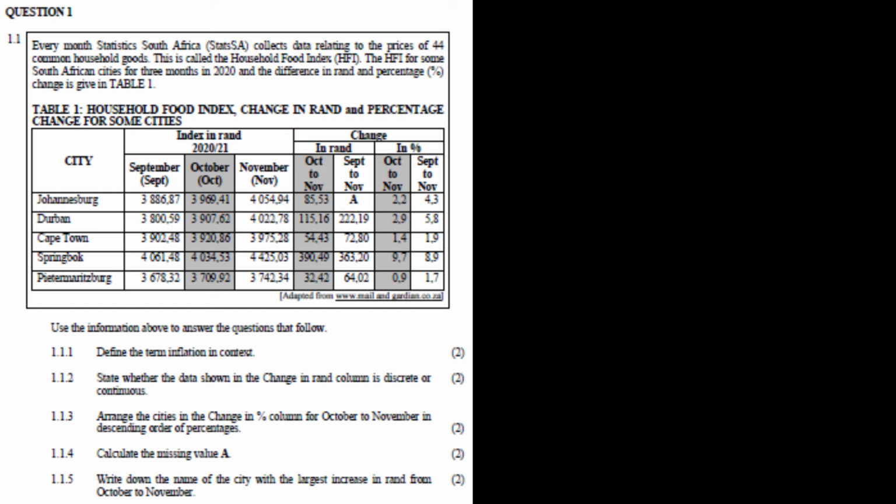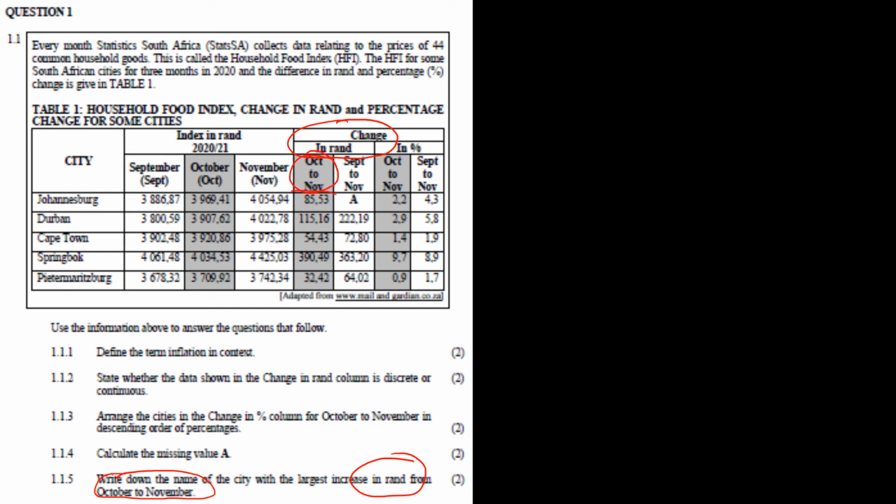Write down the name of the city with the largest increase in rand from October to November. So looking at the question, we notice that there is a largest increase in rand, and it gives you a period from October to November. So those are the things that we need to look for. So let's look for the changes in rands. That's the heading there. From October to November, so it would be this column.